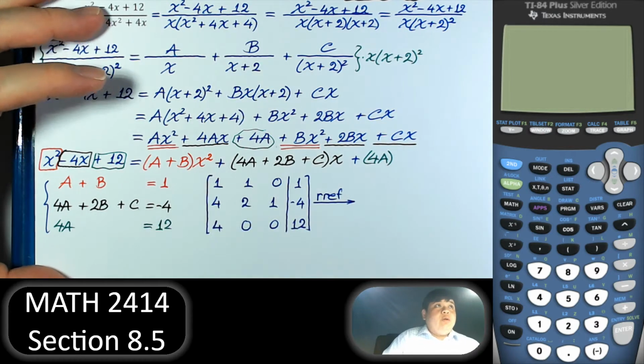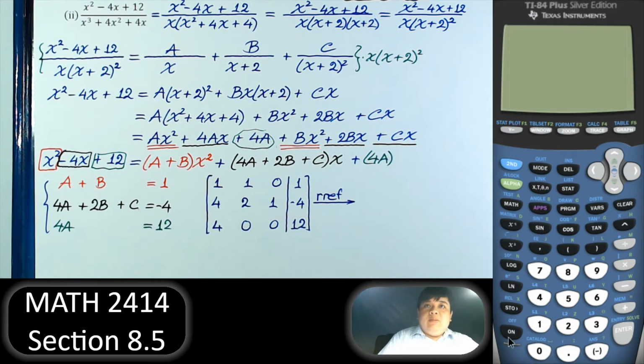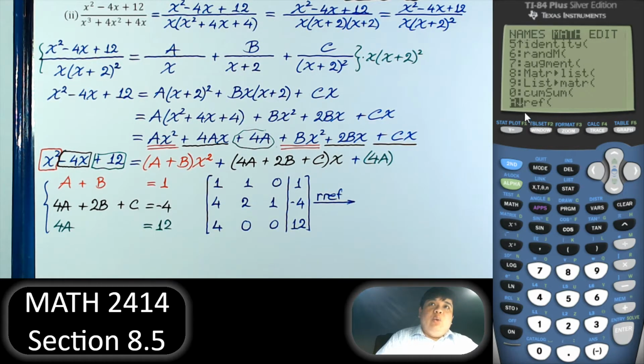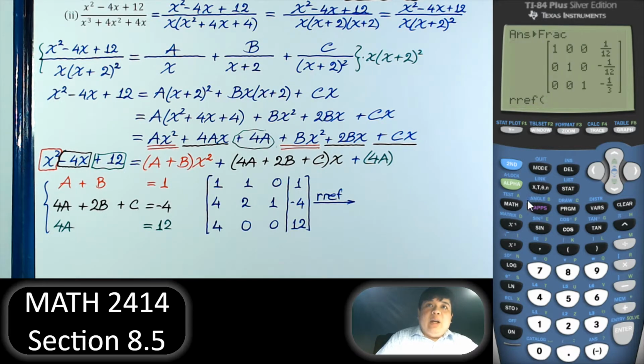And do the reduced row echelon form. Second x to negative 1. Go to math and go down to reduced row echelon form, the last one. I mean option B, reduced row echelon form. And we apply to the matrix.